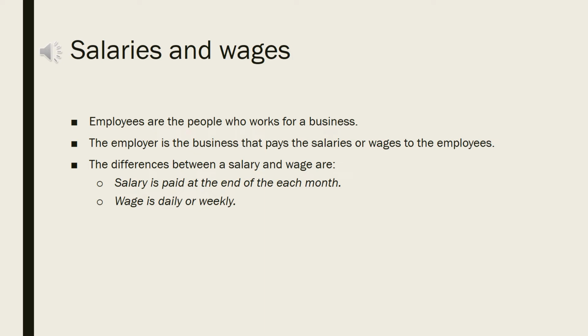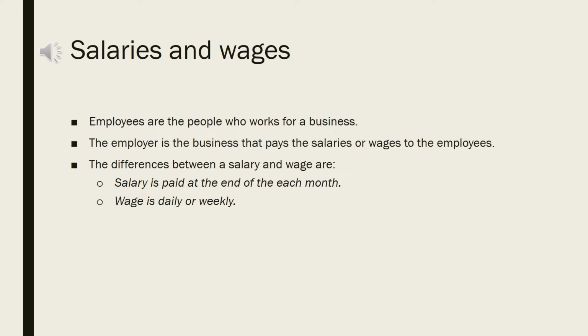So now, what is the difference between salary and wage? A salary is paid at the end of each and every month, and they receive the same amount of money each and every month until the following year. If they get an increase, then their salary will change.